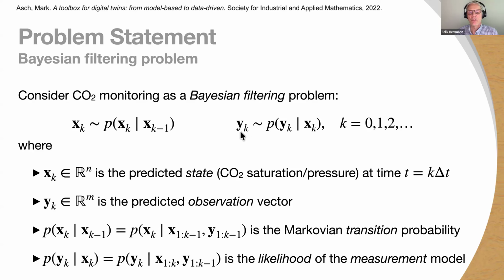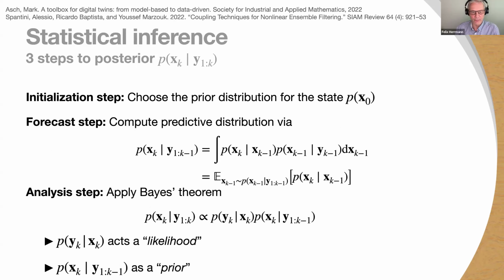And then there is an observation density, or conditional distribution, that links the state to the observations, right? This first one is a Markovian transition probability that only depends on the previous time step. And this second one can be thought of as a likelihood, and that reflects the measurement model. So that could be seismic or just direct measurements of wells.